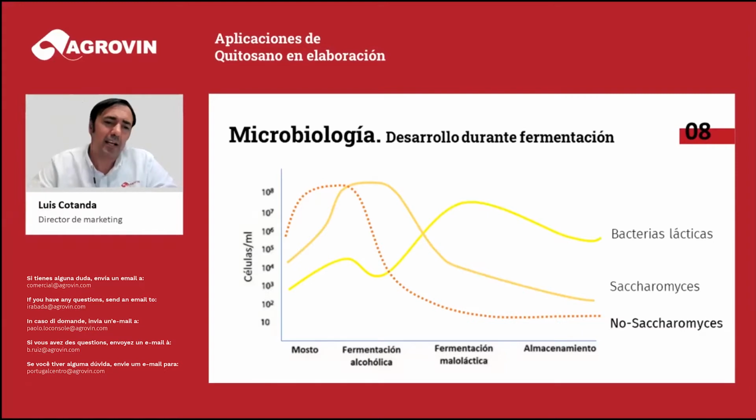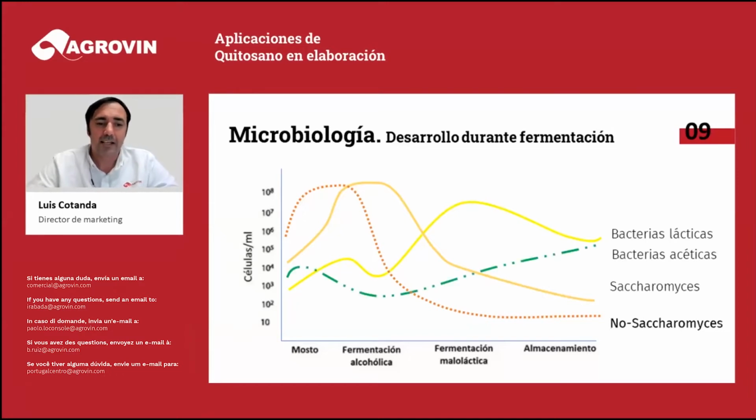On the other hand, the bacteria, in this case lactic bacteria, which are also present in the grapes, the same as the non-Saccharomyces, can be developed at the beginning of fermentation when the alcohol degree is not a high one, and when the Saccharomyces strain is not implemented, but they stop developing during the fermentation.